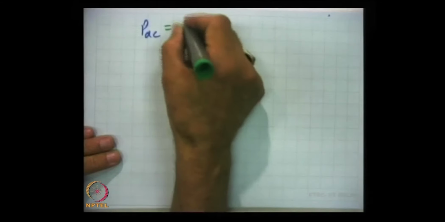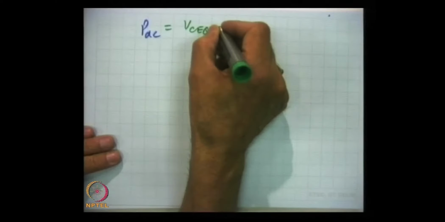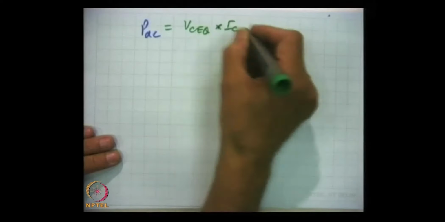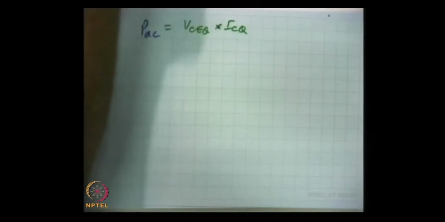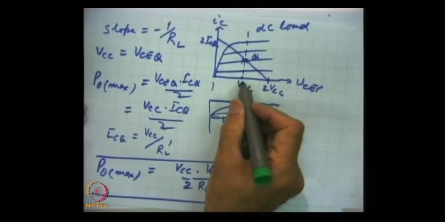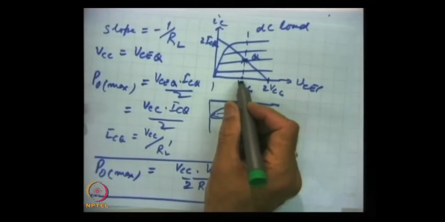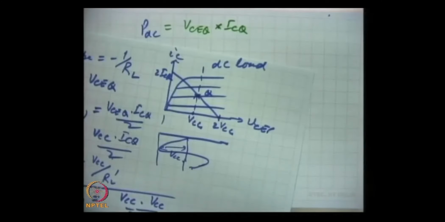and DC power is VCEQ into ICQ. But as I said, in the earlier case half of the power was being taken by the resistance RC, but now that resistance has been replaced with almost 0 resistance of the primary of the transformer, hence we are saving that much consumption.